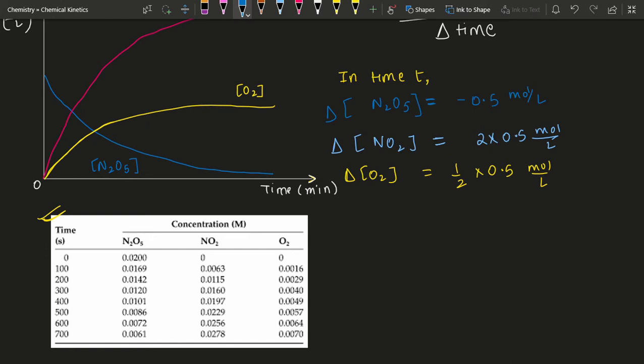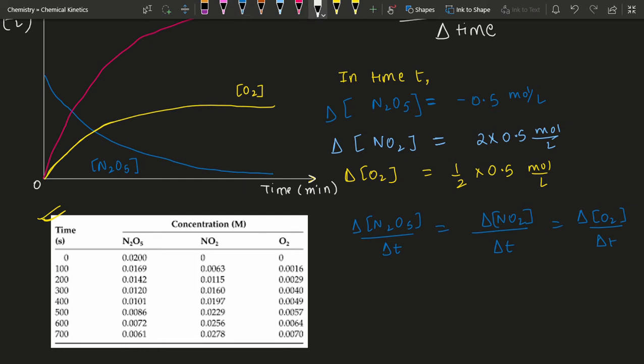If you divide all of these by delta t, delta N2O5 over delta t is equal to delta NO2 over delta t is equal to delta O2 over delta t. Now, what am I missing in this equation? All of these are equivalents of writing the rate. I'm missing a few things.